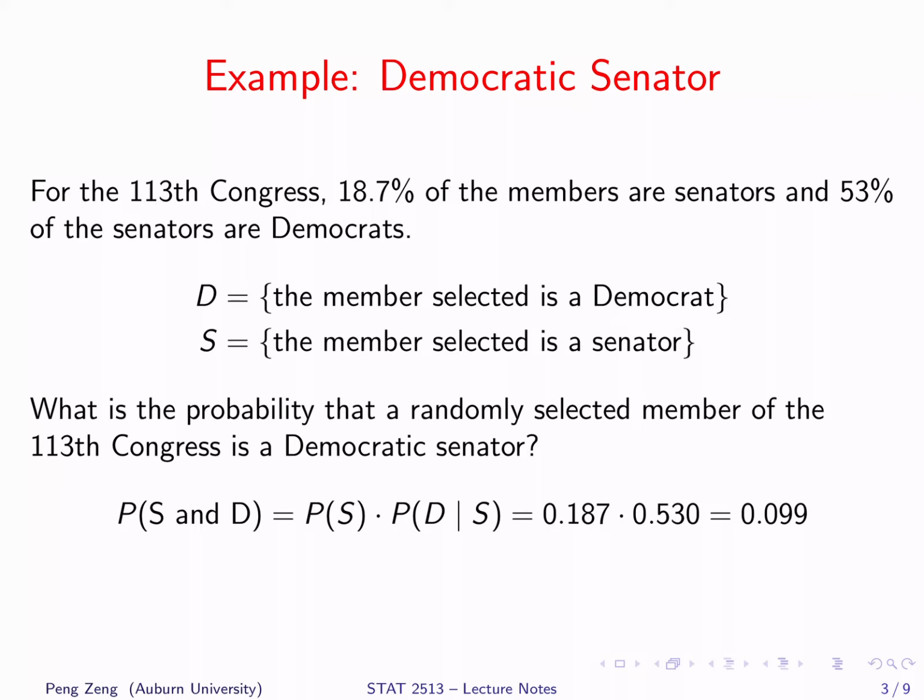So the probability that a randomly selected member of the 113th Congress is a Democratic senator is 0.099.